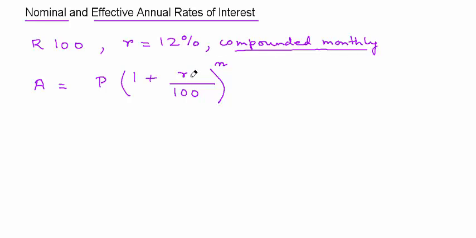The rate is going to be the annual rate divided by 12. There are 12 months in a year. And n, although a 1 year period, is going to be 12, because the calculation is done 12 times in 1 year.